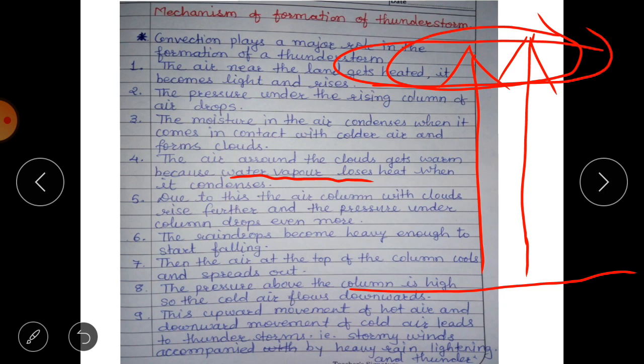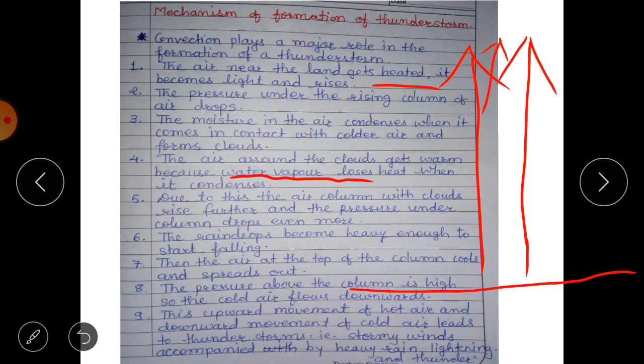Then see the fifth point, due to this the air column with clouds rises further and the pressure under the column again drops. Because of the heat produced by the condensation of this water vapor, this air again gets warmer and it rises upwards.